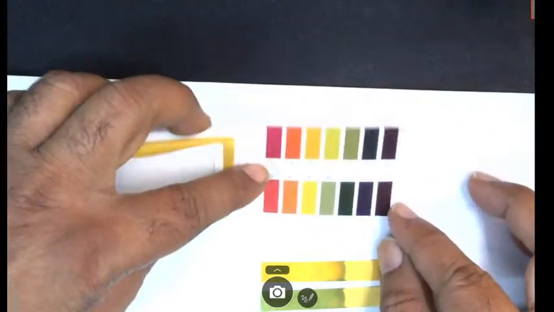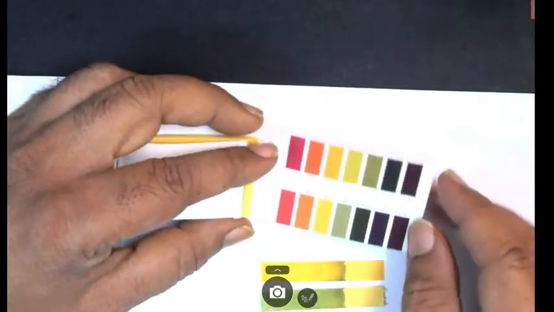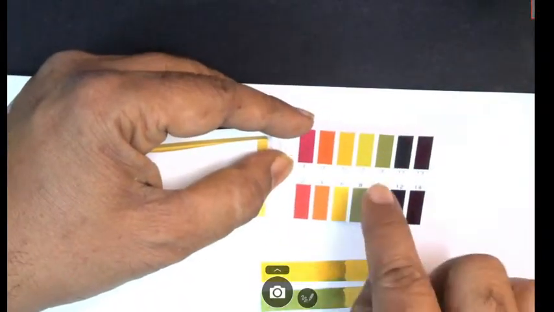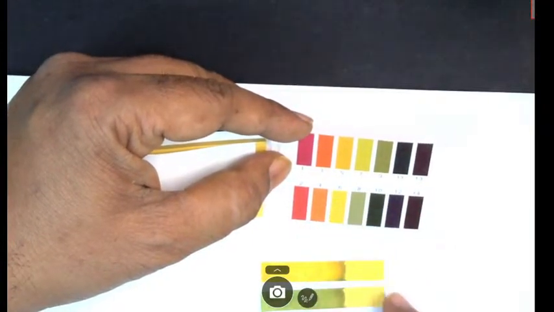Right now, see, this is 7, this is 6, this is 8. So 6, 7, 8. Okay, right. So this is the way you find out the pH of your solution.